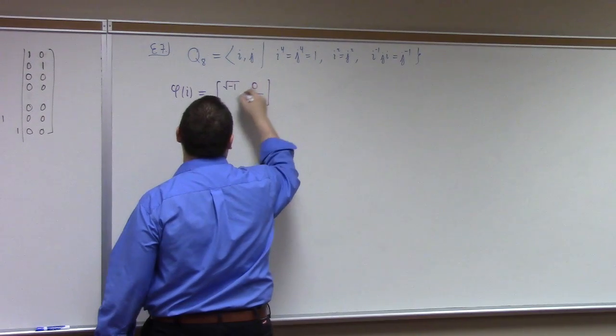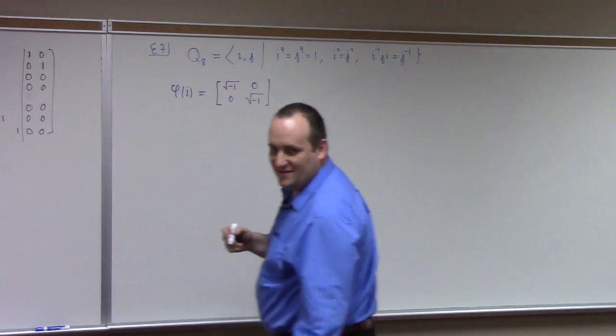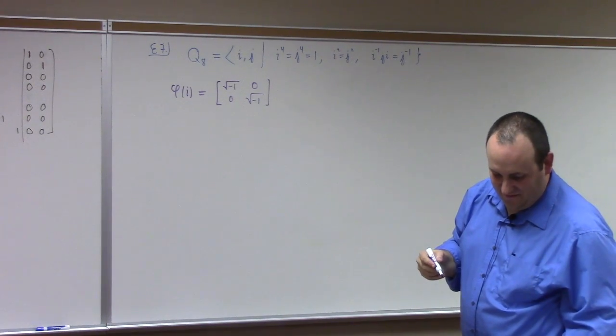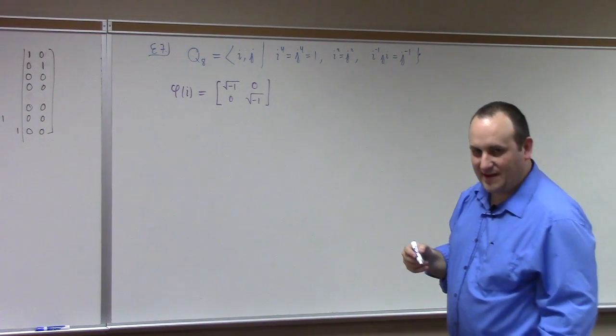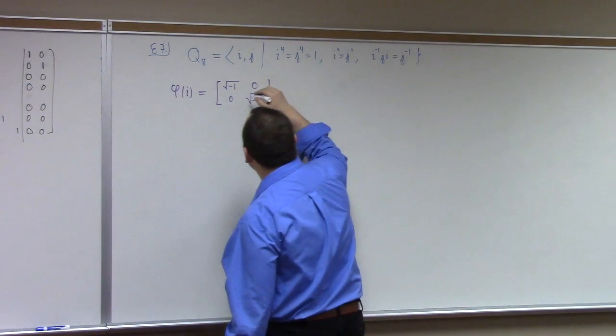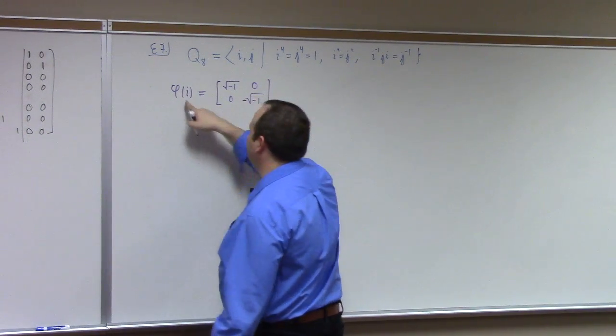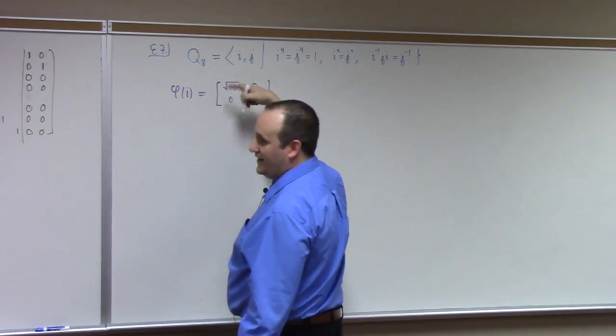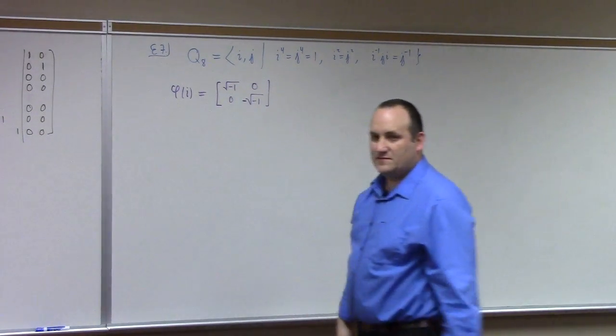Why is he doing that? He doesn't want you to think that they're the same i. This is the i in the quaternion 8 group. This is the i in the complex numbers.